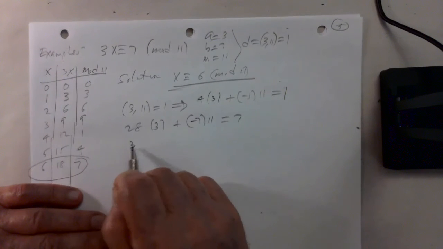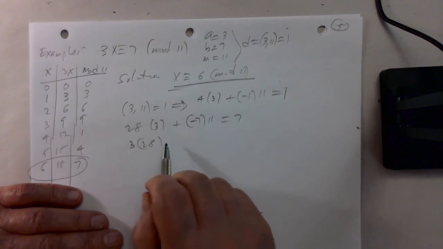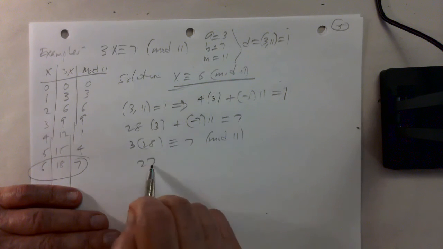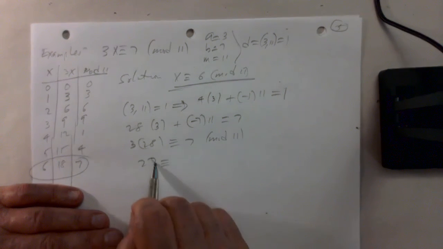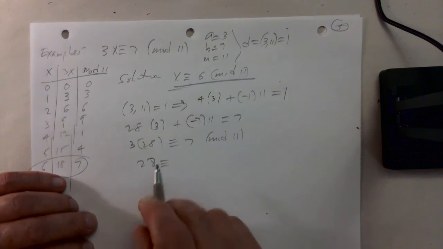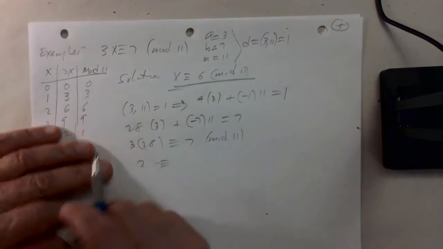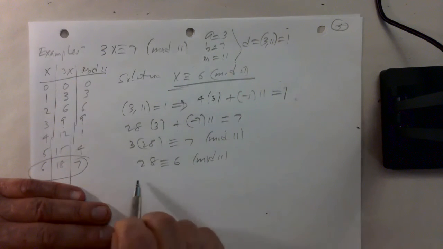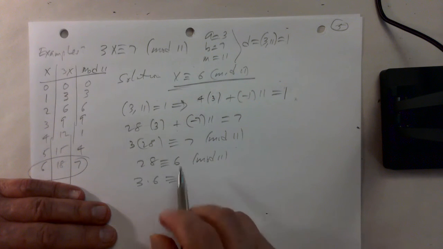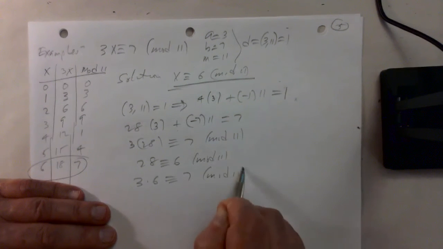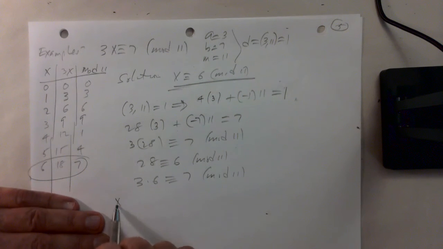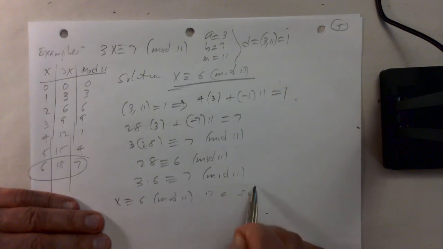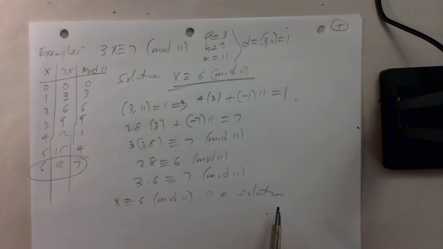That says that 3 times 28 is congruent to 7 mod 11. 28 is congruent to 6 mod 11. So I can also say that 3 times 6 is congruent to 7 mod 11. So any number x congruent to 6 mod 11 is a solution.